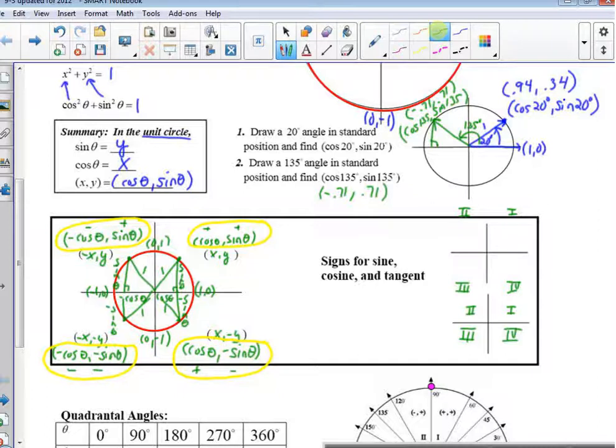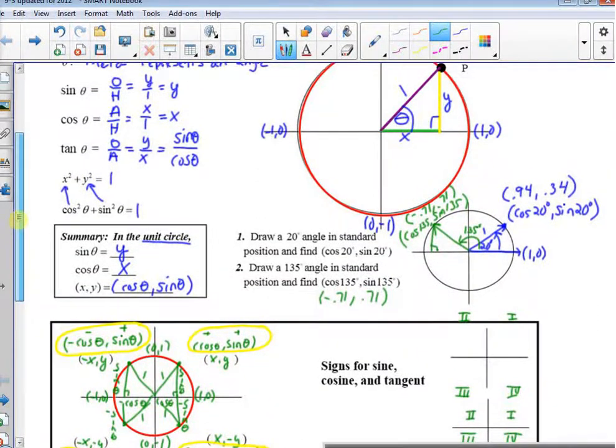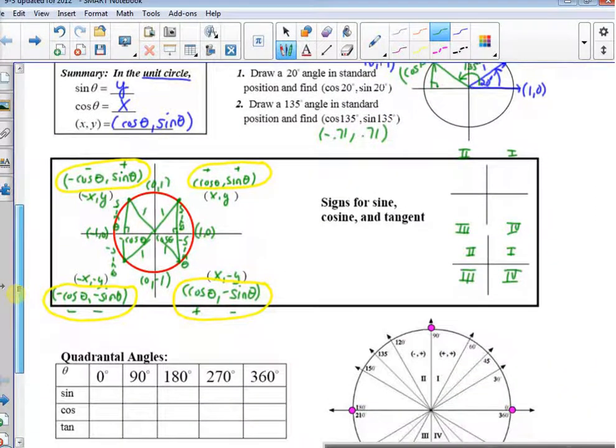Now we need to set up something to do with tangent here. If you look, tangent was equal to sine divided by cosine, or y divided by x. So tangent would be positive sine divided by positive cosine. So in quadrant 1, tangent would be positive.